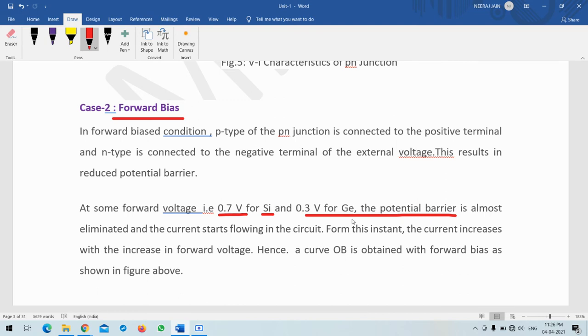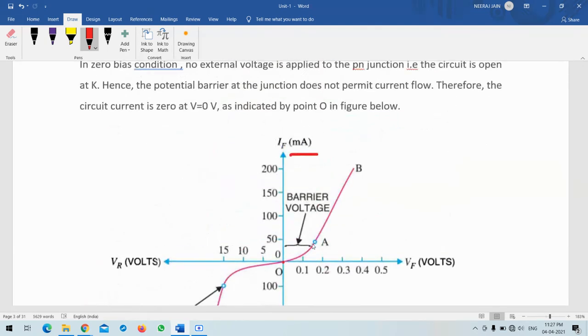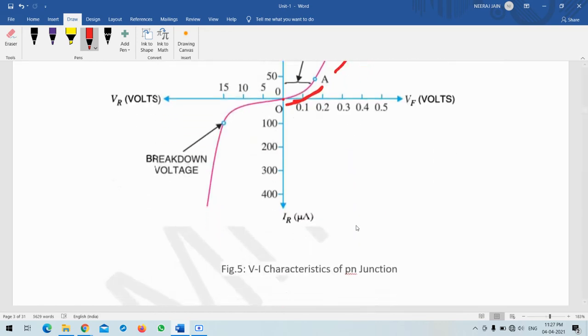After this voltage, what happens? The current will rise fast. So after the barrier potential, initially the characteristic is non-linear, as shown in the OA part. After that barrier potential, the current will rise fast, and that is shown in the AB region.